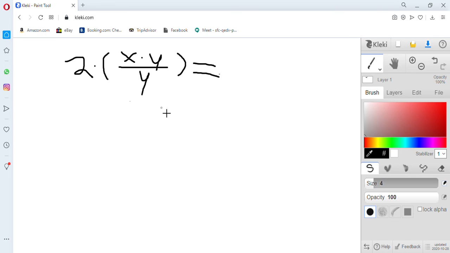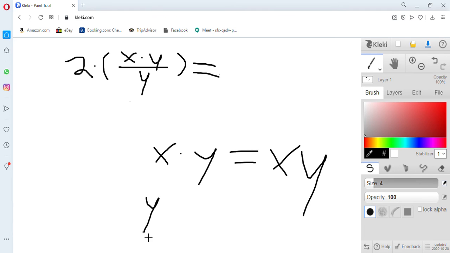Because you remember, when it's a letter and a letter multiplied by each other, you combine them together. Y times x equals xy.